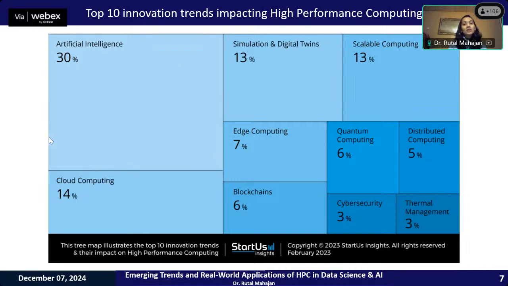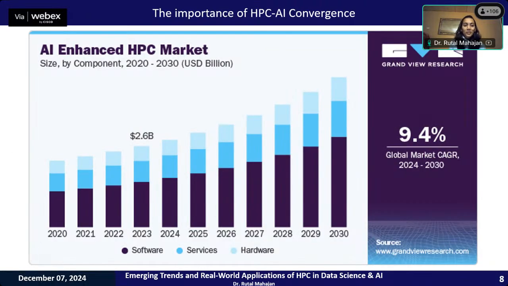But over here, we can see that the major portion, 30% of those startups, are based on AI, meaning high performance computing applied to AI applications. So we can see how important this convergence of AI and high performance computing is, and it's interesting to understand.